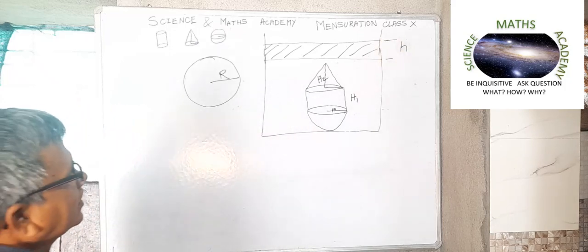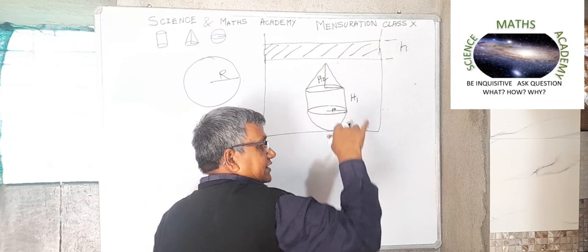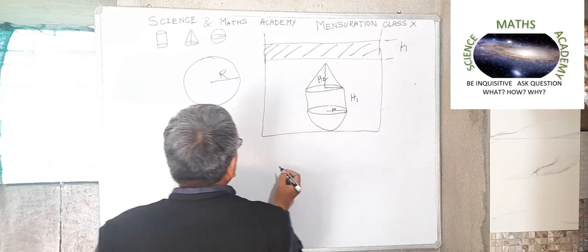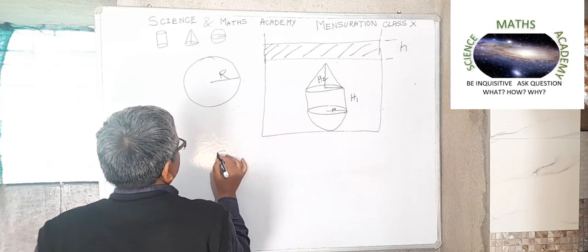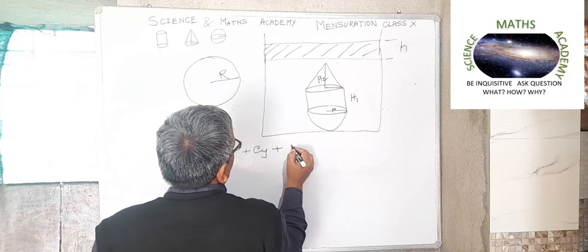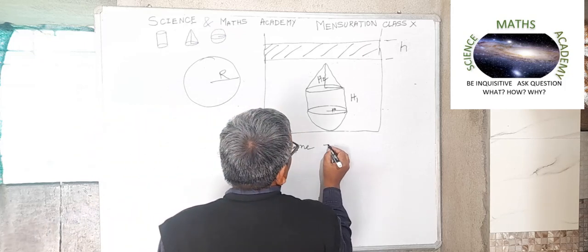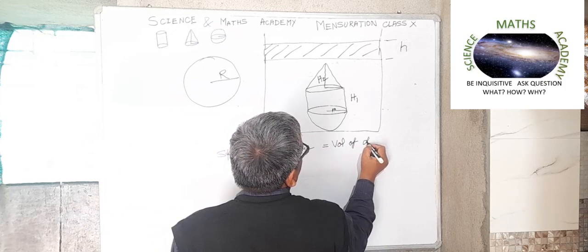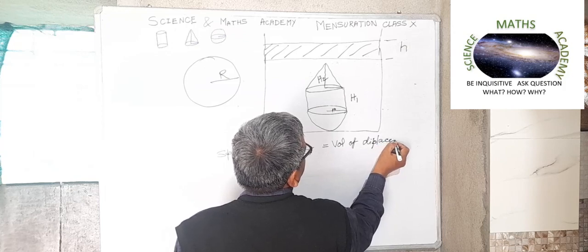Now see, what I told, the volume of the displaced water will be the volume of the solid if it is immersed in the liquid. Now what will be the volume of this hemisphere? What is the volume of the sphere? Sphere part plus cylinder part plus cone part, volume equal to volume of displaced water.